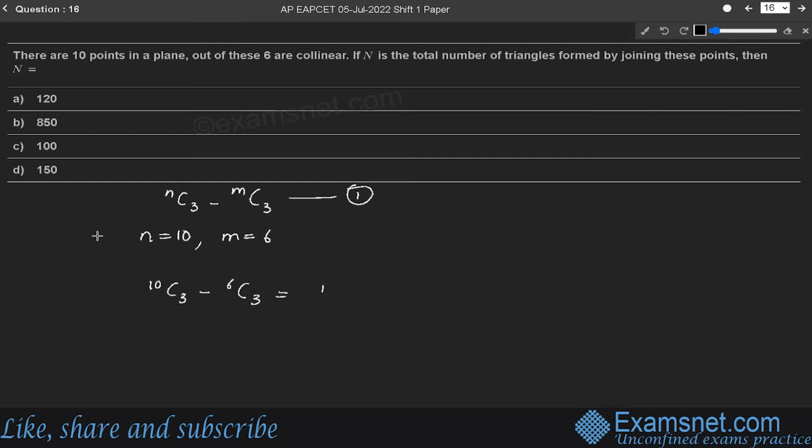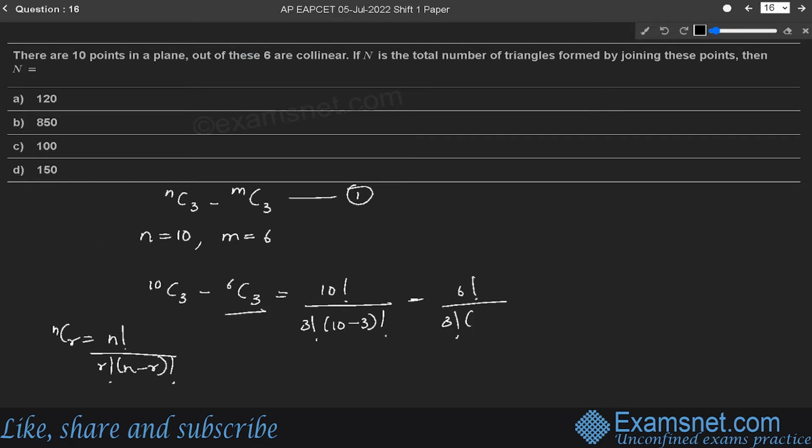On further solving this, it will be 10 factorial divided by 3 factorial into (10 minus 3) factorial. It is the same formula, which is nCr. nCr is equal to n factorial divided by r factorial into (n minus r) factorial. Minus, solving for the second term, it will be 6 factorial divided by 3 factorial into (6 minus 3) factorial.